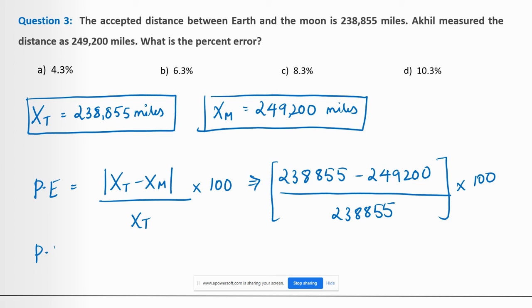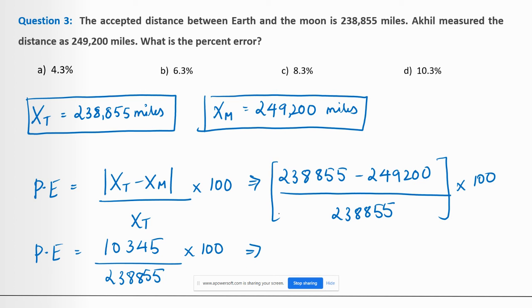So I will be getting 10,345 divided by 238,855, multiplied by 100.